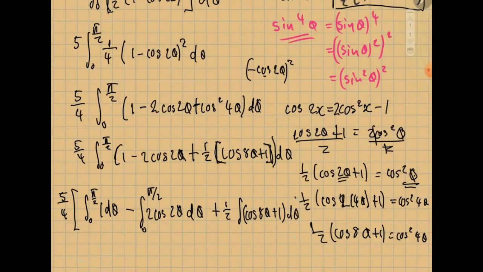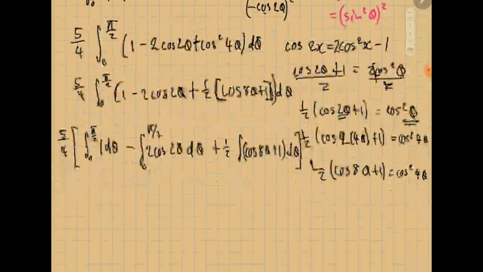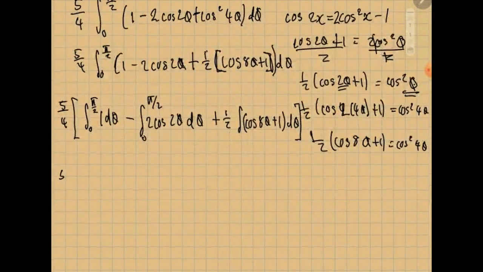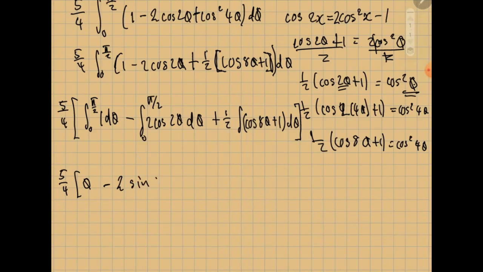And this all is being multiplied by 5 over 4. So what do I now get? I get 5 over 4 multiplying the integral of 1 with respect to theta, which is theta, then minus the integral of 2 cos 2 theta. The 2 can be outside. Then the integral of cos 2 theta is sine 2 theta over 2.